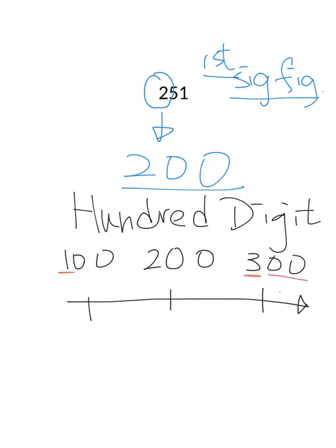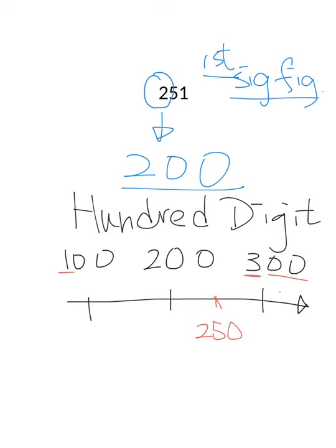Now we use a number line to represent these three numbers, 100, 200 and 300. Where is 251? We know that the midpoint of 200 and 300 should be 250.